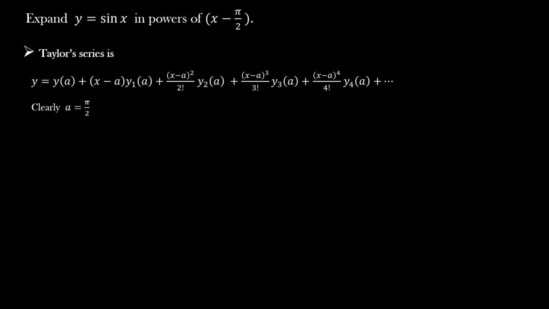Since here the unknowns are y of a, y1 of a, y2 of a, y3 of a, y4 of a, and so on, first we have to find these unknowns.